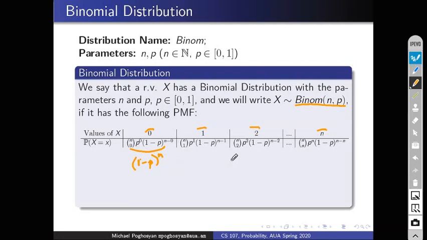So for k, the probability that X will be k is the following: n choose k times p to the k times 1 minus p to the n minus k.